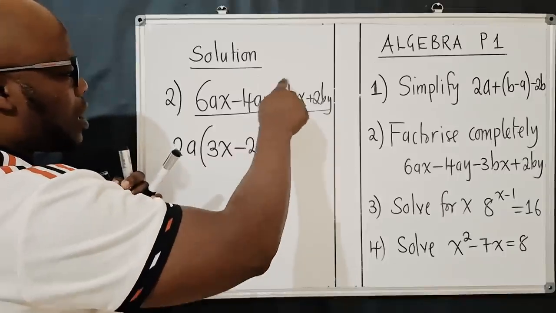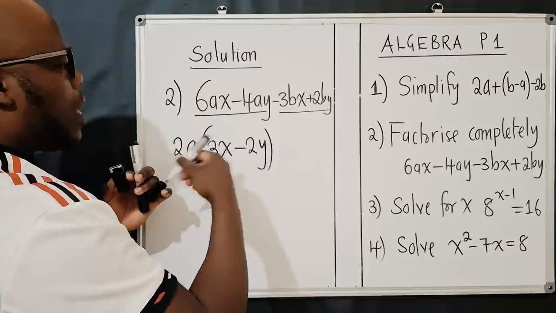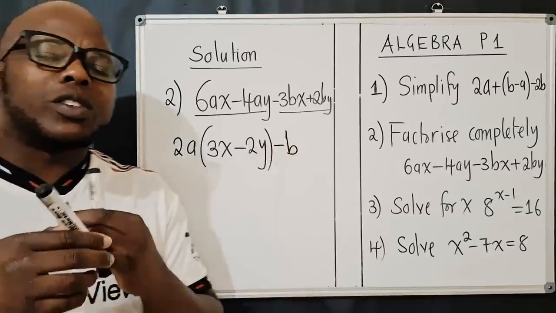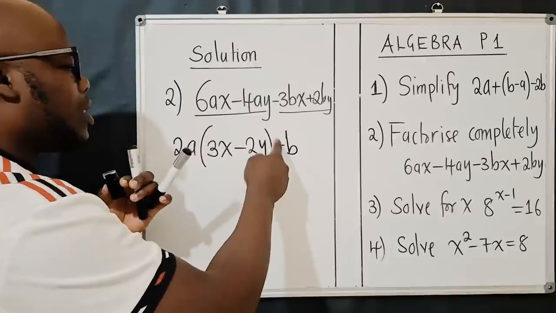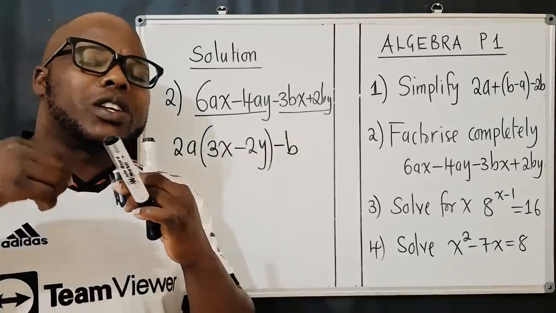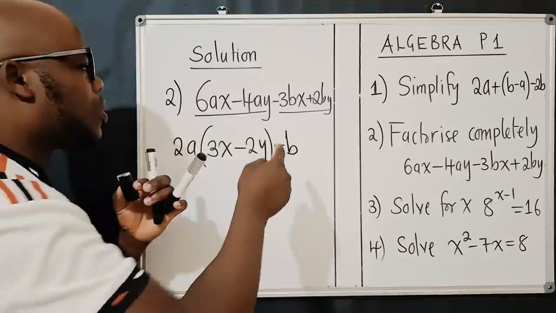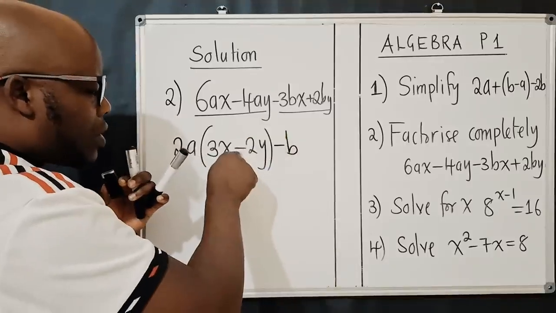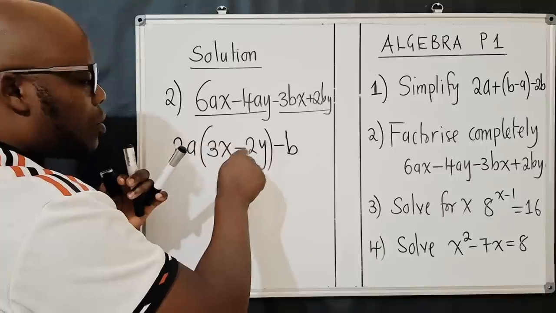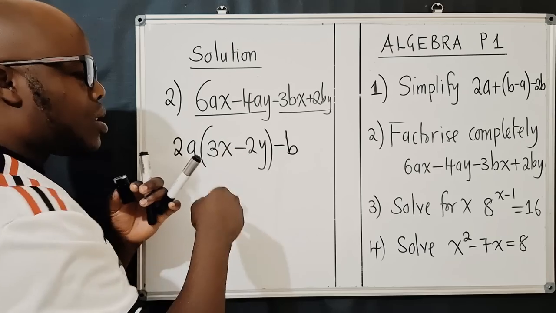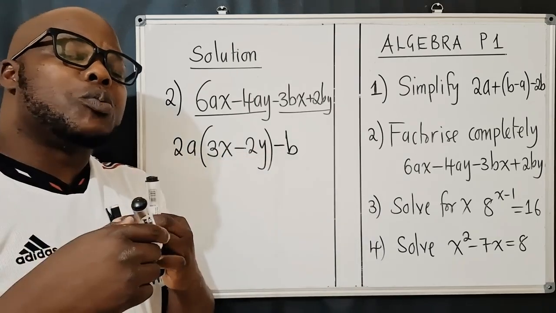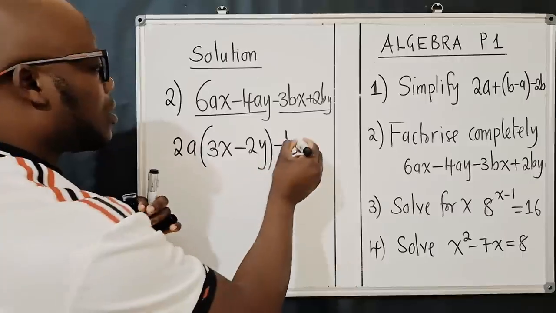We check what is common here. It's a negative b. Now maybe the question may be, why didn't I just get plus b? The reason why I've got a negative sign is because I want to have a negative here. Look, there's a positive here. I want to have a negative inside the brackets, in between, so that what is here is the same as what will be in the next set of brackets.